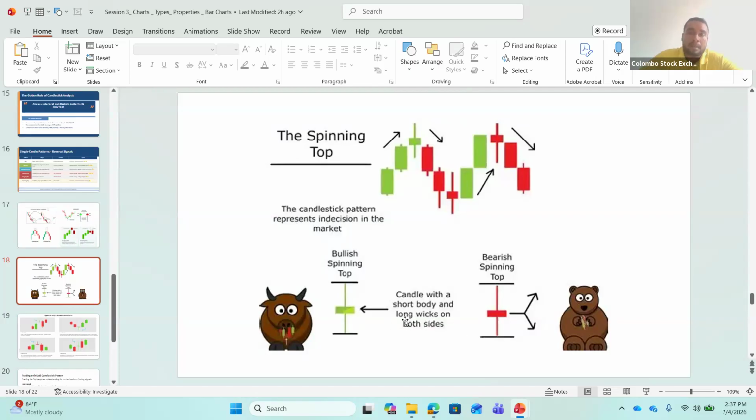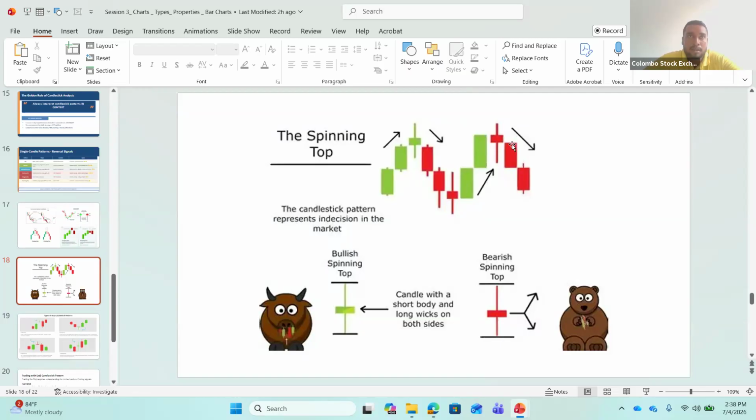This also marks the bottom or the top of the current trend, right? If it's an uptrend like this and you see a spinning top at the top of the uptrend, then it will be followed by a downtrend. And if you see the same thing but as a bullish candle in the same uptrend, that also marks the top of the uptrend.